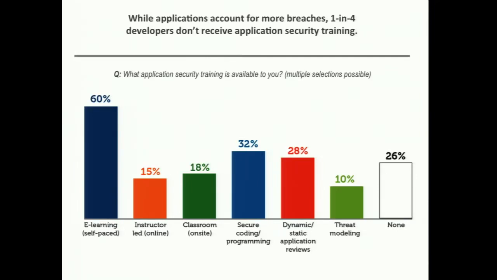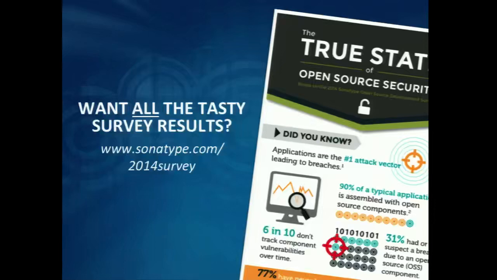You can't shift left without the enforcement and the rules being at the developer. And the application security professionals really provide that guidance of what we should be doing and what we should be looking out for.